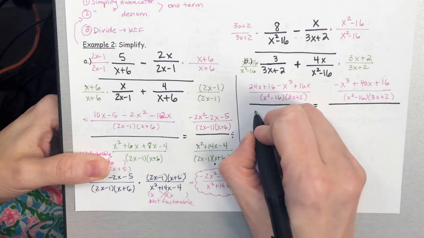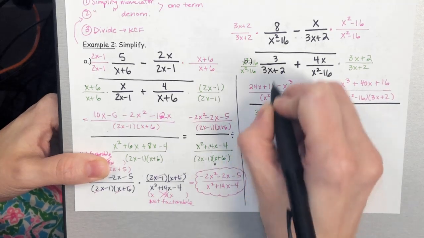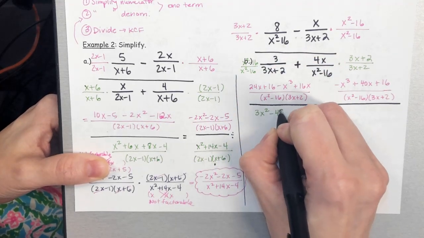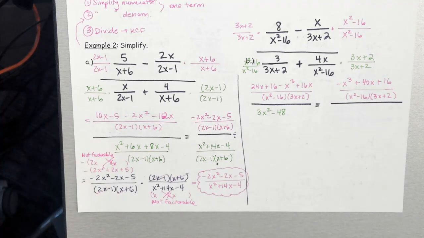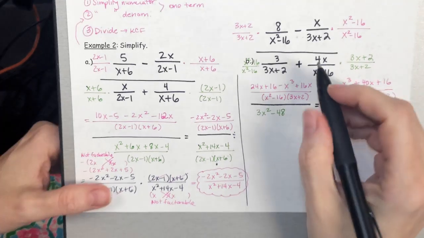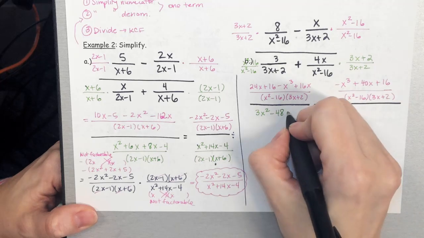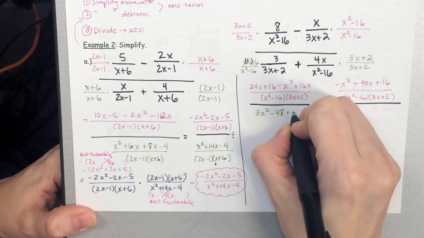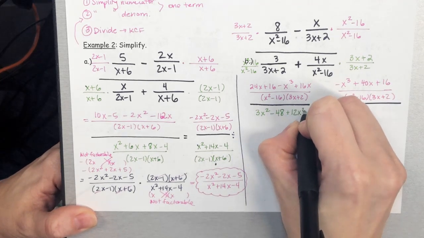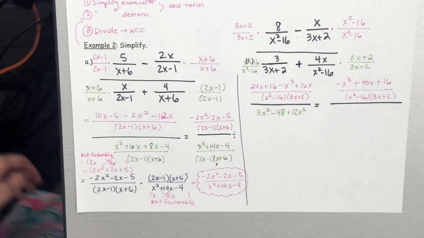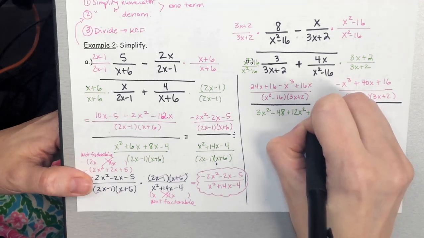So 3 times x squared is 3x squared. 3 times 16, that's going to be negative 48. And then when you multiply 4x by 3x, the number by number will give you 12, x times x is x squared. 4x times 2 will be 8x.